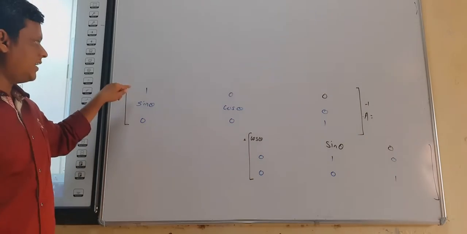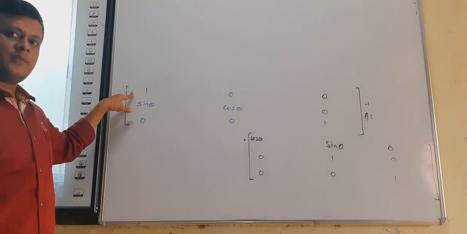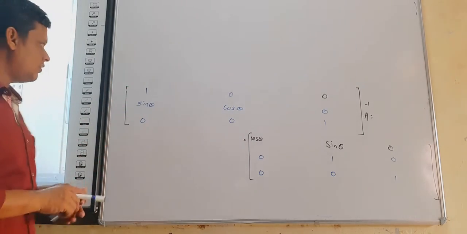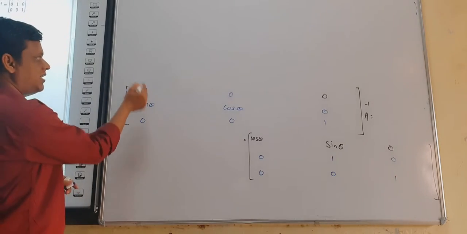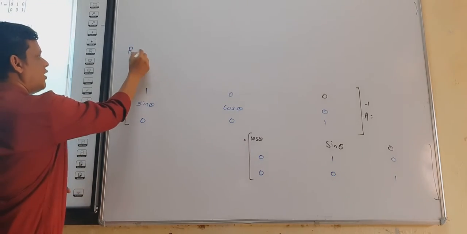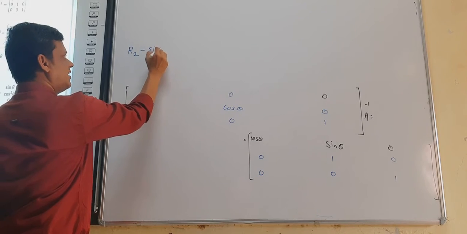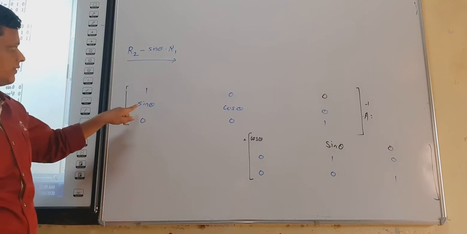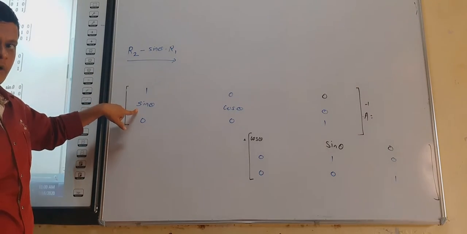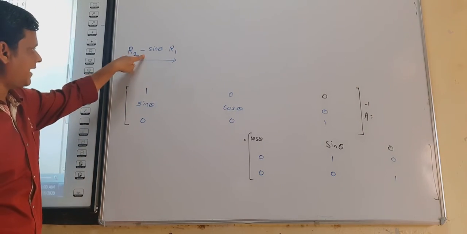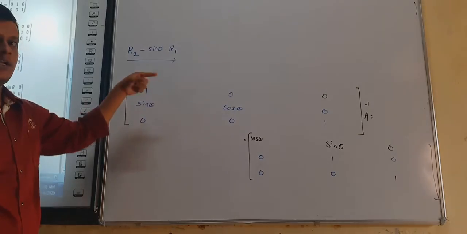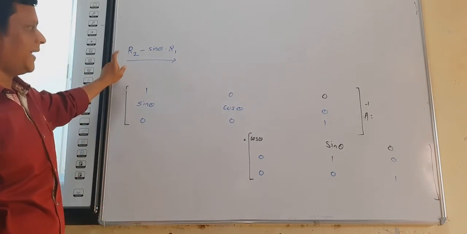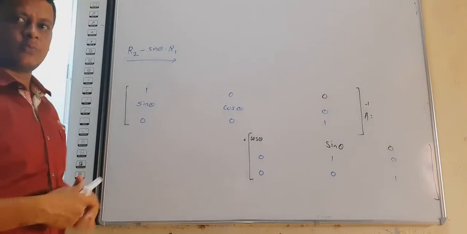If we multiply the first row by sin theta and subtract that from the second row, we have to apply the next elementary transformation as R2 minus sin theta into R1. That means in place of this second row we get 0, because sin theta minus sin theta into 1 is sin theta minus sin theta, which is 0.